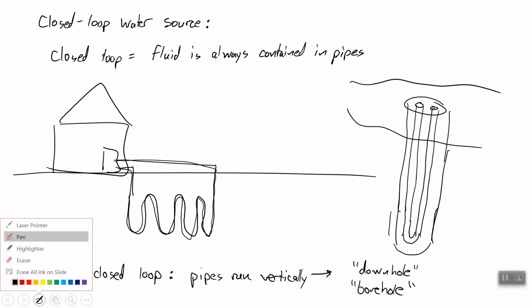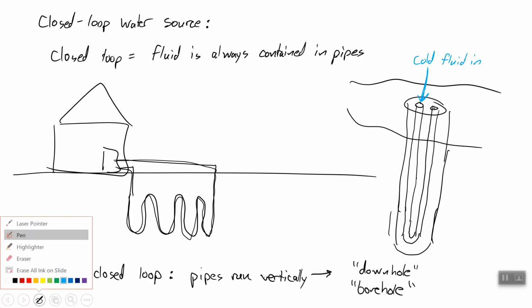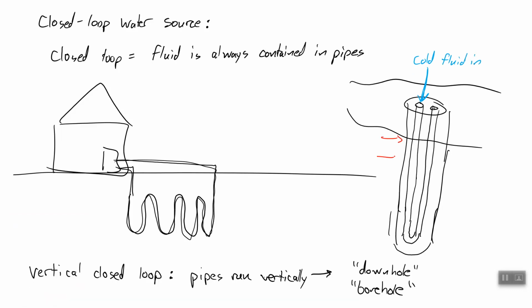And we then put, depending on what mode we're running in, cold fluid in one end of that pipe, and then the ground, as that fluid runs down and then up, exchanges heat with that fluid such that hot fluid comes out. Okay, so that's a downhole system.